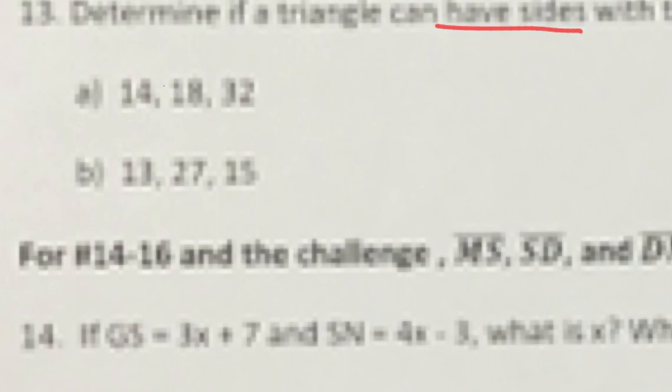Is 14 plus 18 greater than 32? Let's see, 14 plus 18, calculator says 32. So this is a no, it cannot, because 14 plus 18 is not greater than 32. So these cannot be the sides of a triangle with lengths 14, 18, and 32. Doesn't make a triangle.